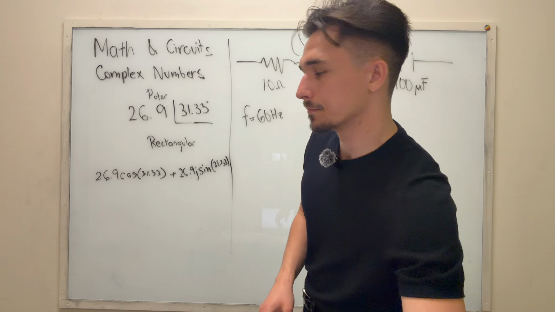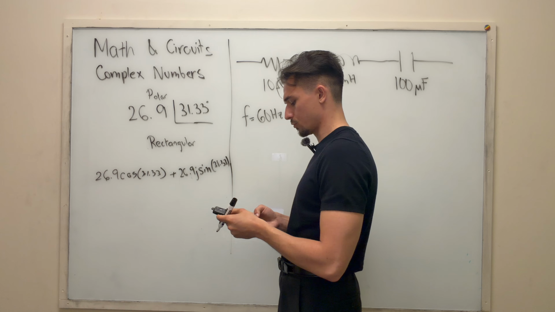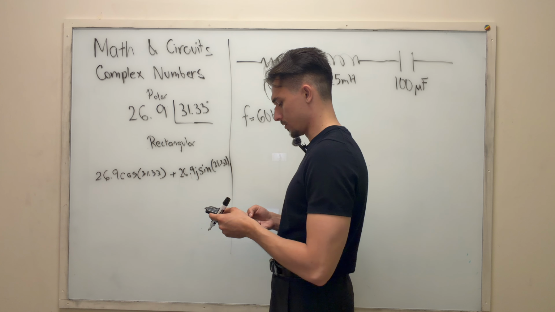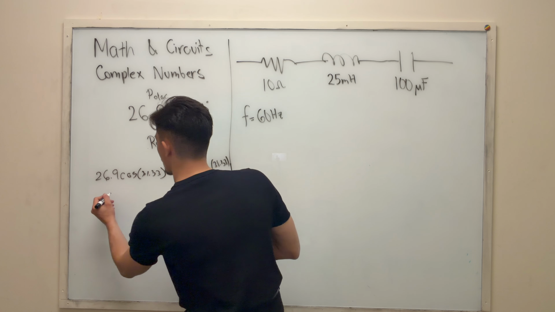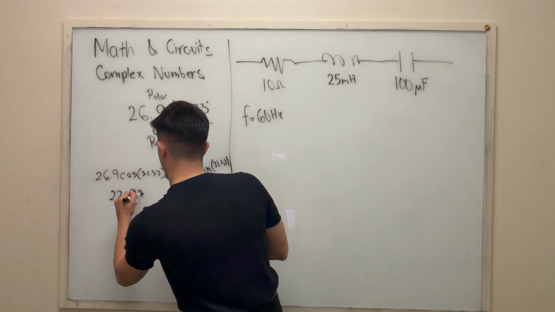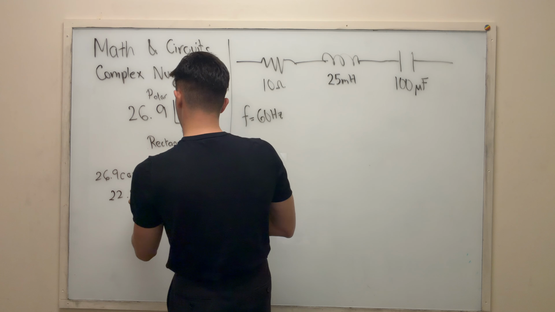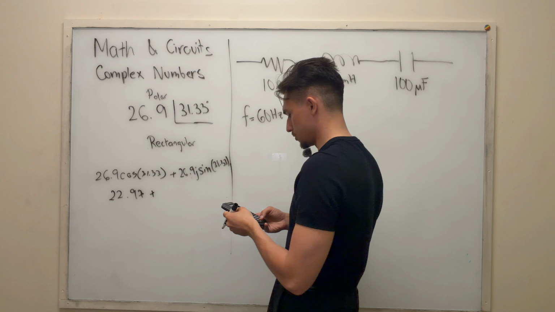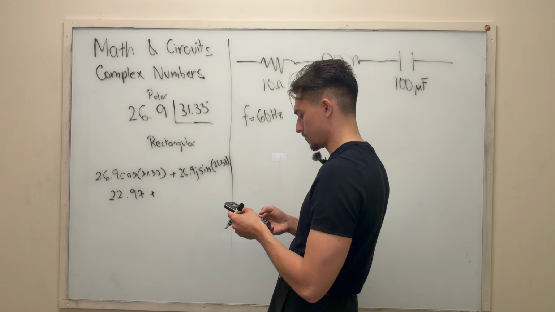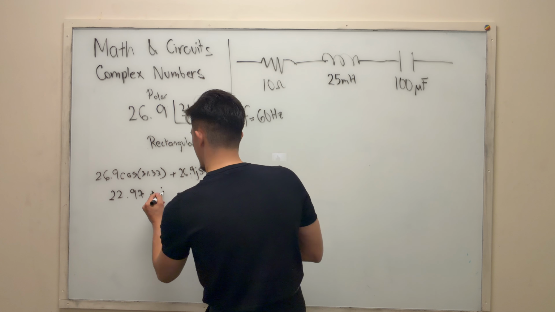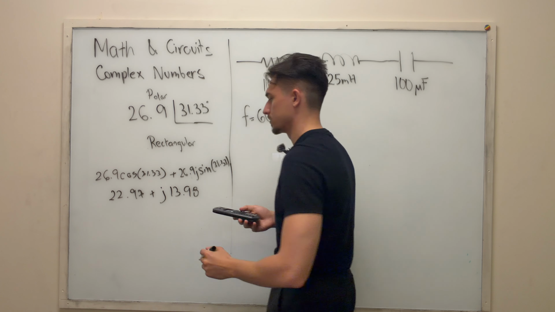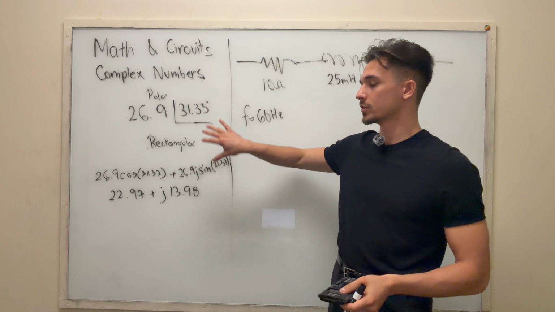If we punch this into a calculator, 26.9 times cosine of 31.33 gives us 22.97, plus the J value, 26.9 times sine 31.33, which gives us J 13.98. So that's how we would convert from polar to rectangular form.